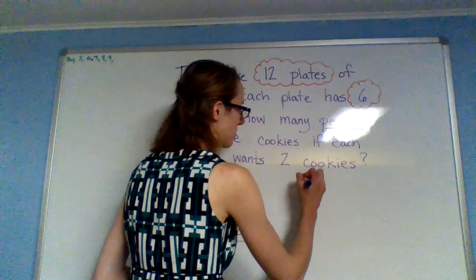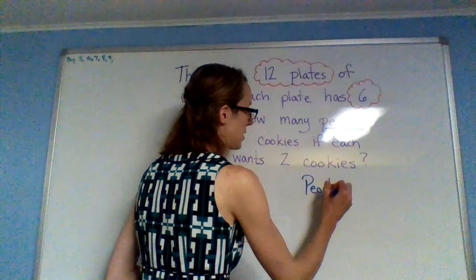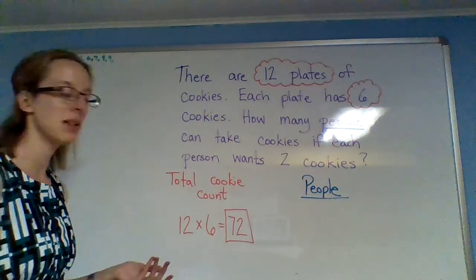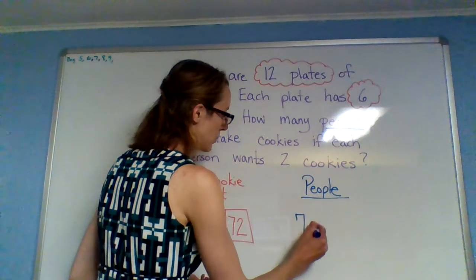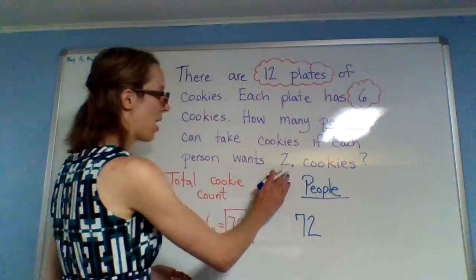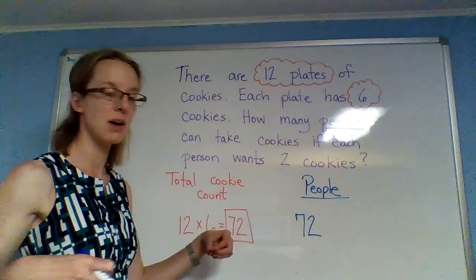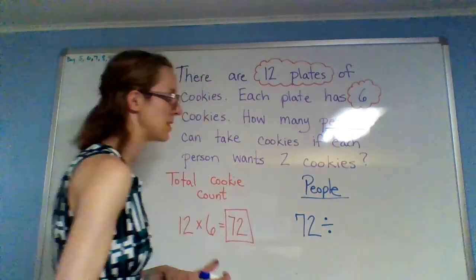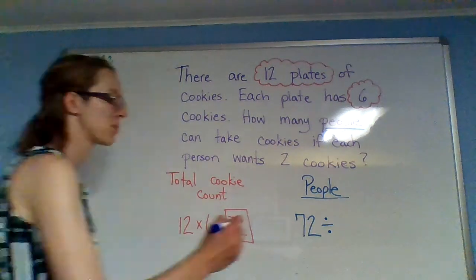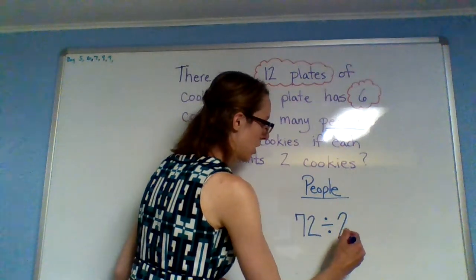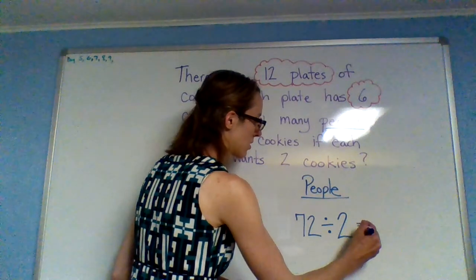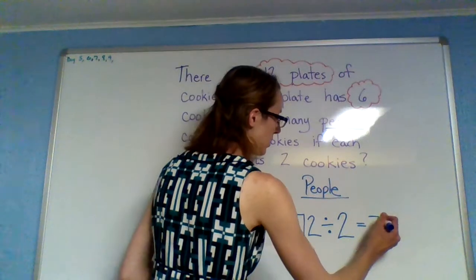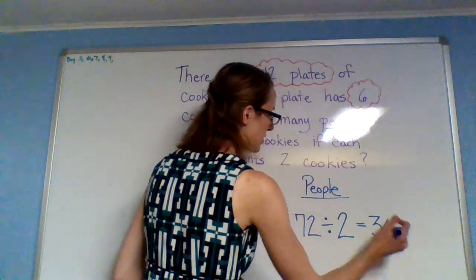So now I need to figure out the number of people that can be fed. That means that I need to take my total count of cookies, which is 72, and break it into groups of 2. When I'm breaking things into groups, that means I'm doing division. And I want to break it into groups of 2. 72 divided by 2, or divided in half, equals 36.